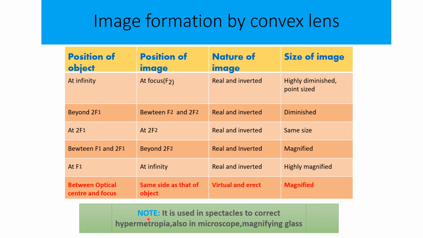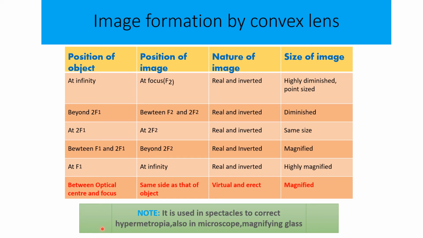Now, where do we use this convex lens? I've discussed that it is used in a magnifying glass to magnify the object, right? We use it in a microscope also, and it is used in spectacles to correct a defect of the eye. That defect you're going to learn in the next lecture, basically the next topic.